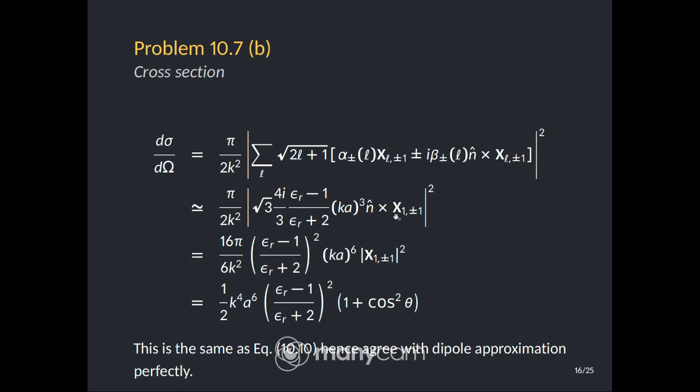After we take the square of these terms, we get d sigma d omega equal to 1/2 times k to the power 4 times a to the power 6 times these coefficients times 1 plus cosine squared theta. And this is the same as equation 10.10, and hence this agrees with the dipole approximation perfectly.